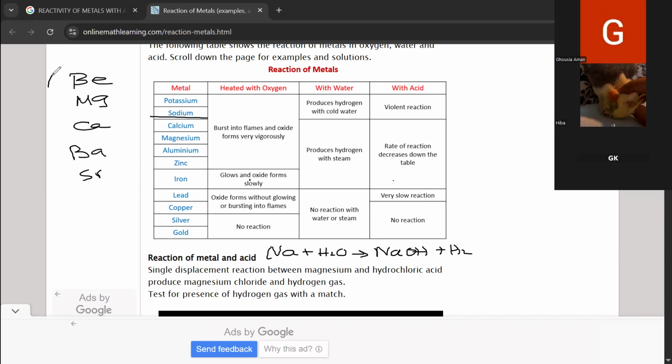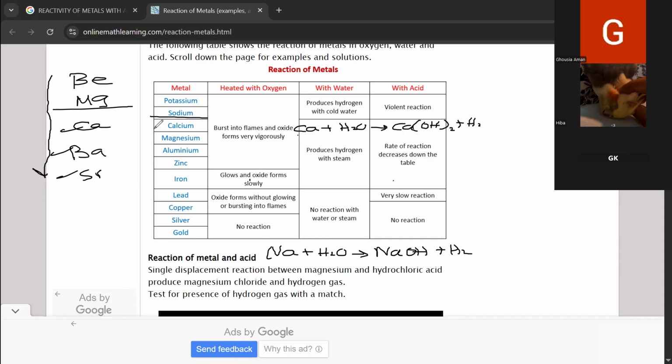The reactivity increases downward. They become more and more reactive when you move down. So beryllium and magnesium are less reactive. The rest of them are fairly reactive with water. Calcium reacts with water and forms calcium hydroxide and hydrogen gas.